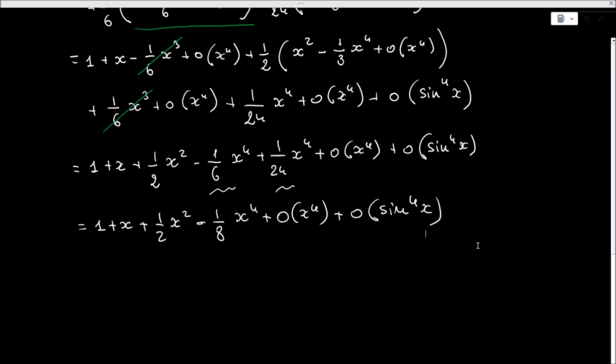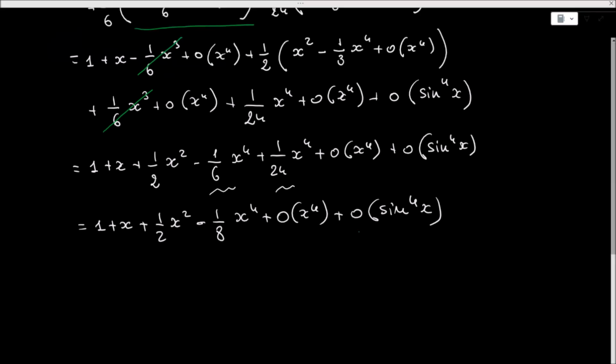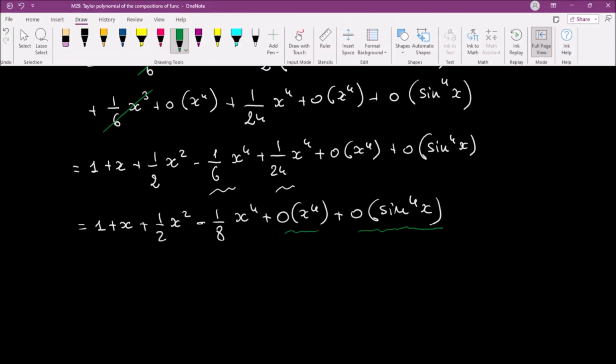Okay. What remains now to be seen is if we can encapsulate this little o of sine to the fourth of x into this little o of x to the fourth. Let's see if we can do this.